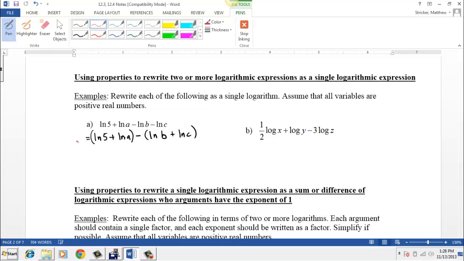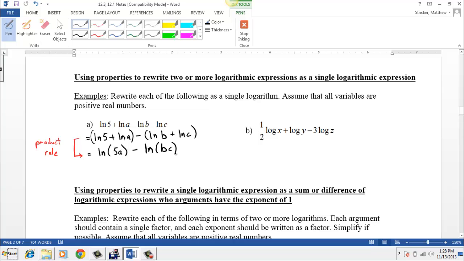And then, what rule can I apply to both of those groups there in parentheses? Please say the product rule, because they have a log plus a log. So this first one could be rewritten as the log of 5 times a. We have minus. The second one can be rewritten as the log of b times c, or just bc. And are we done here?